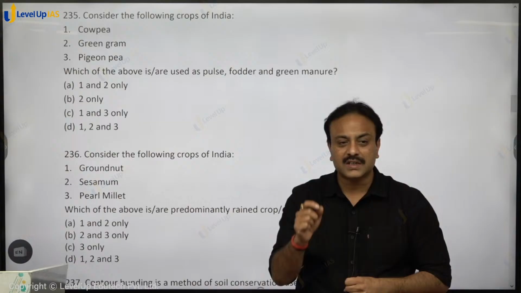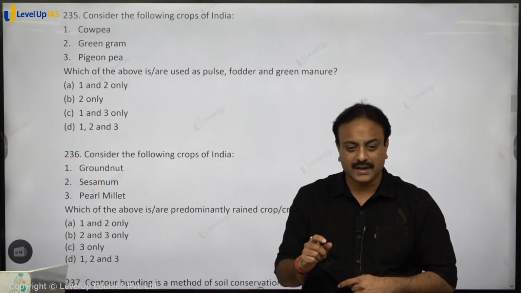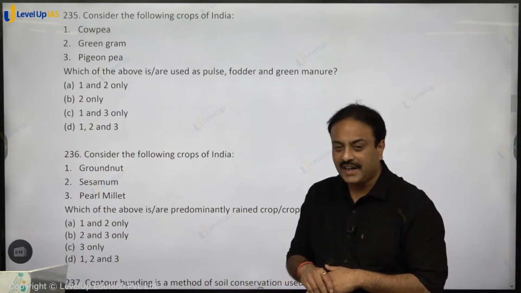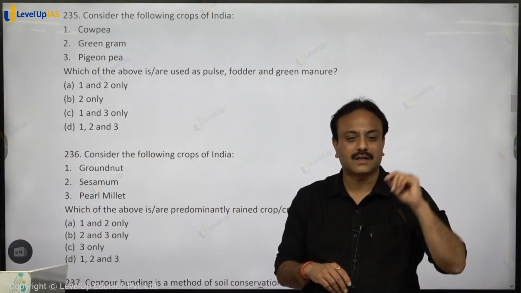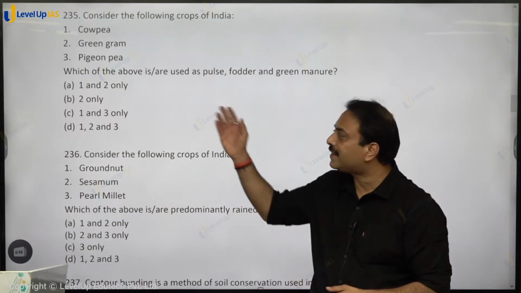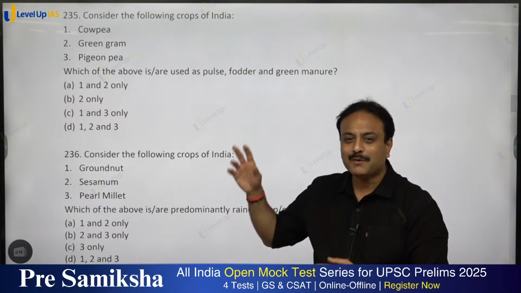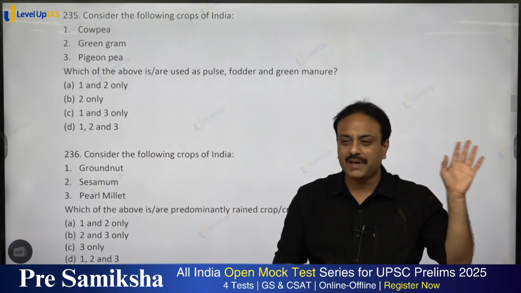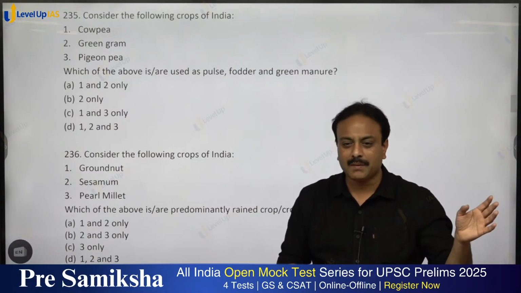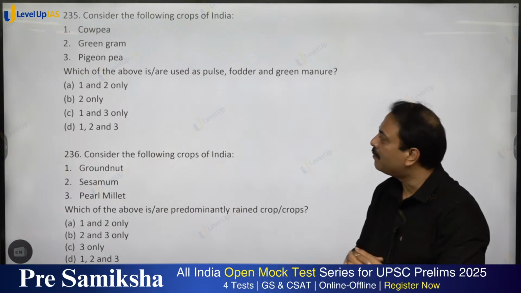It is also used as a pulse, right? Lobia. What is green gram? Hara chana. Green gram, hara chana. Simple translation: green is for hara, gram is for chana. Right now it is available in the markets. It is being sold in the market, right? Green gram. Pigeon pea.